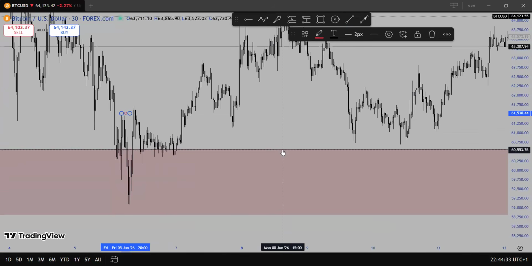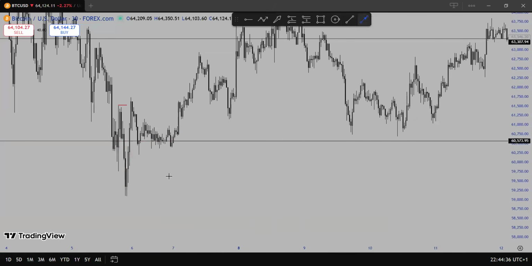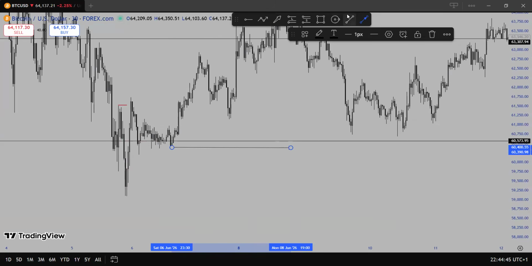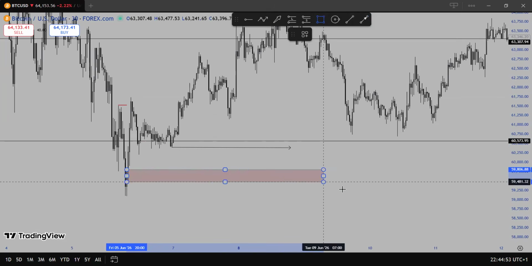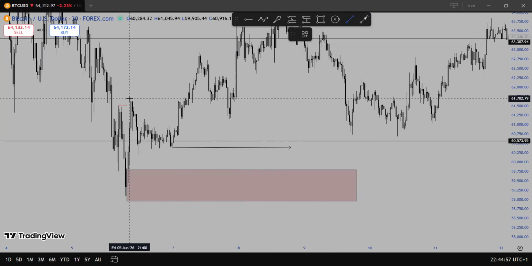Let me delete this because we finished this one. A market structure shift, a liquidity, then your point of interest. We have another break of structure to the upside.